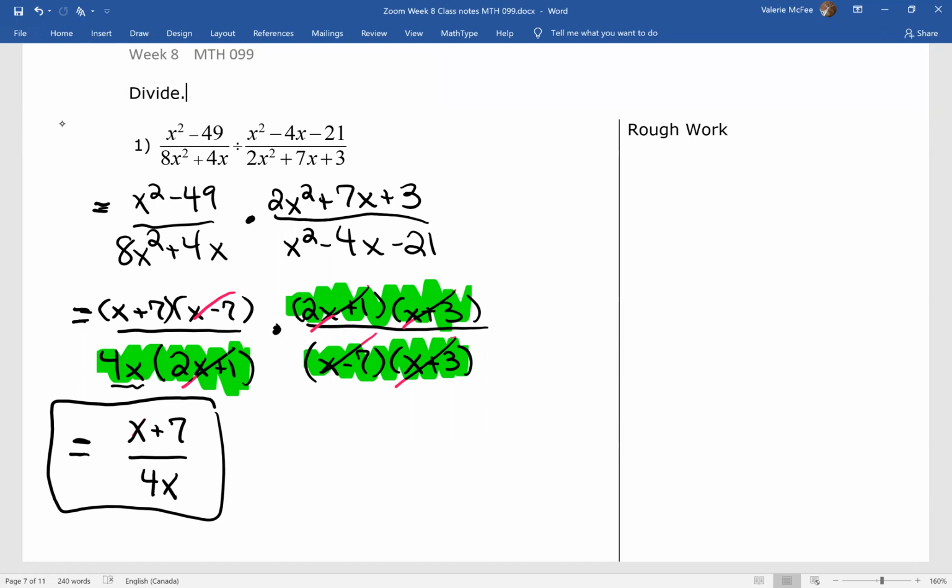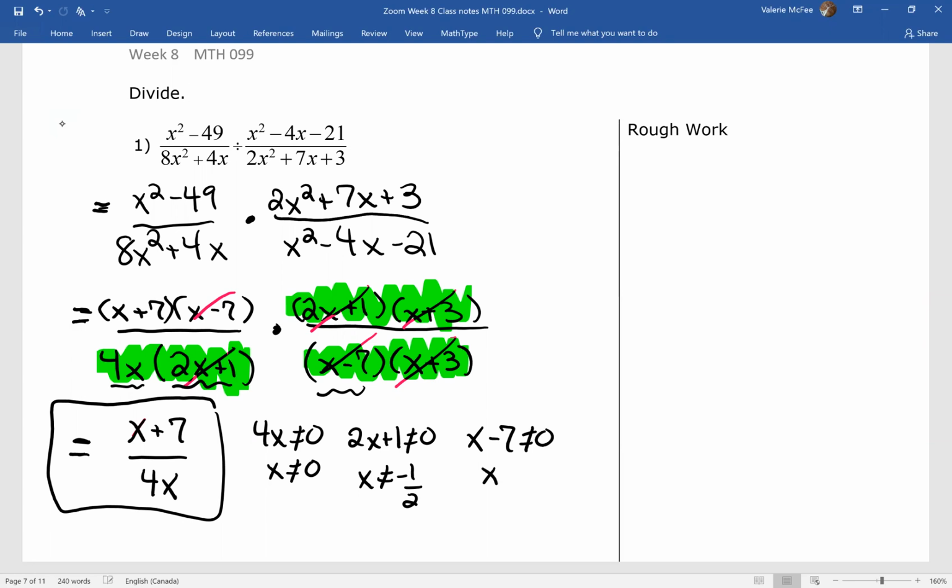So let's start with 4x. X cannot equal 0. X cannot equal -1/2. X cannot equal 7.